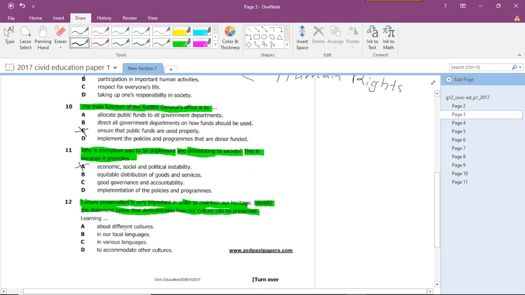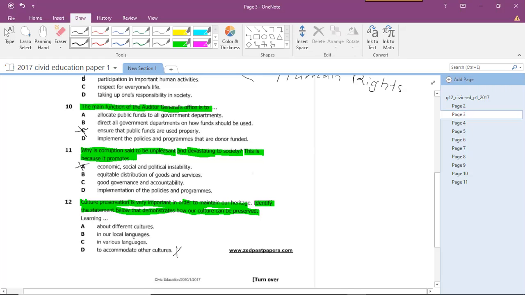Are you supposed to be learning about different cultures, learning in our own language, learning in various languages to accommodate other cultures? Accommodating other cultures that are non-Zambian will not necessarily help us preserve our own culture.